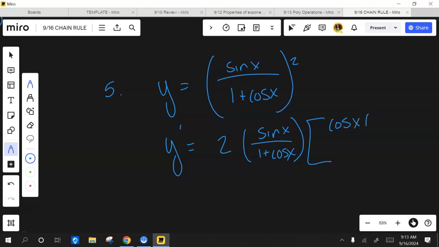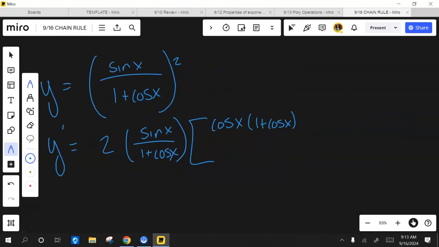Derivative of the top times the bottom. I'm going to still write it so that you can see.